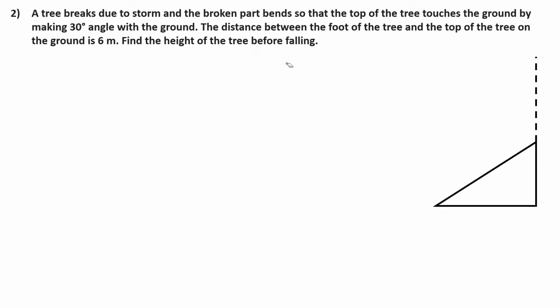Now let me name these things. Let it be point D, point B, here it is C and A. The tree is standing perpendicular to the ground level. Now top of the tree is touching the ground and making 30 degrees angle. And the distance is given as 6 meters.